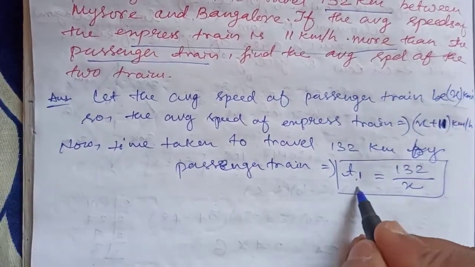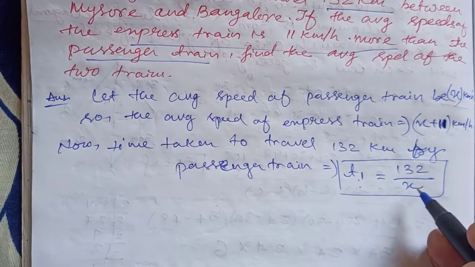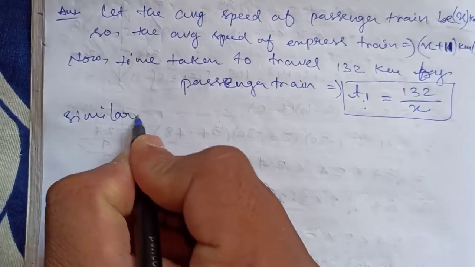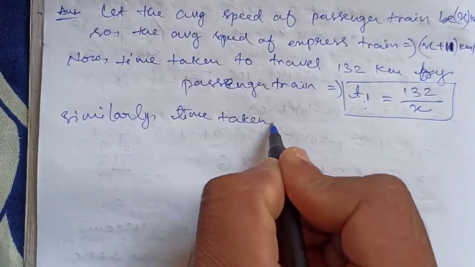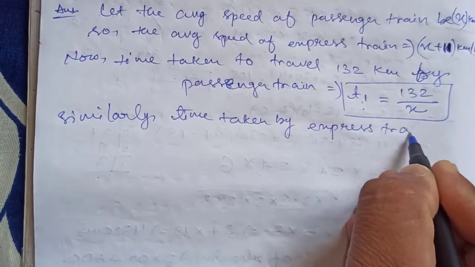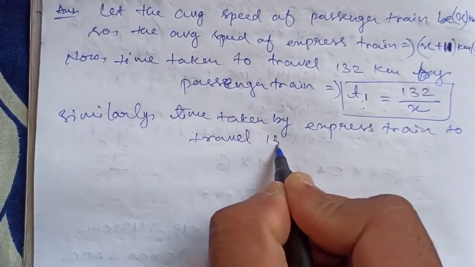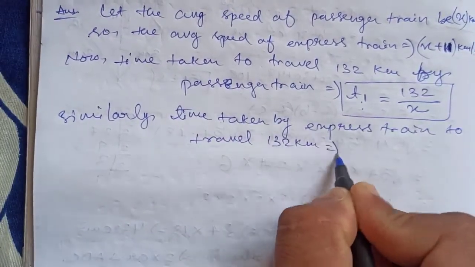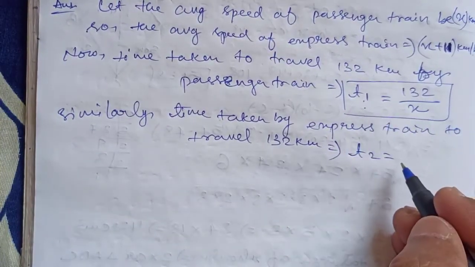Okay, this is the time taken by the passenger train, that is distance by speed is the formula. Okay, similarly time taken by express train to travel 132 km is T2 we will take. T1 is for passenger train, T2 for express train.